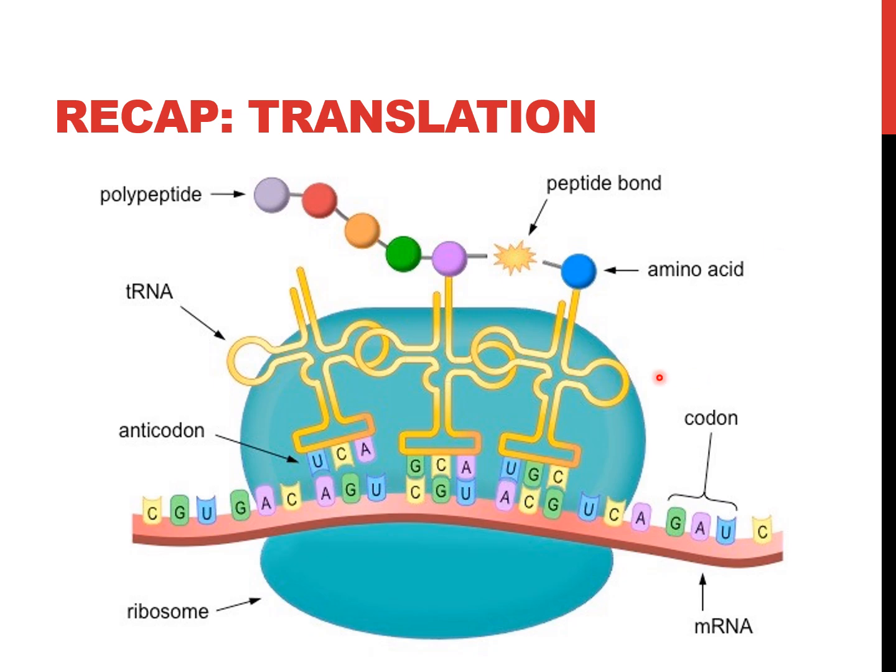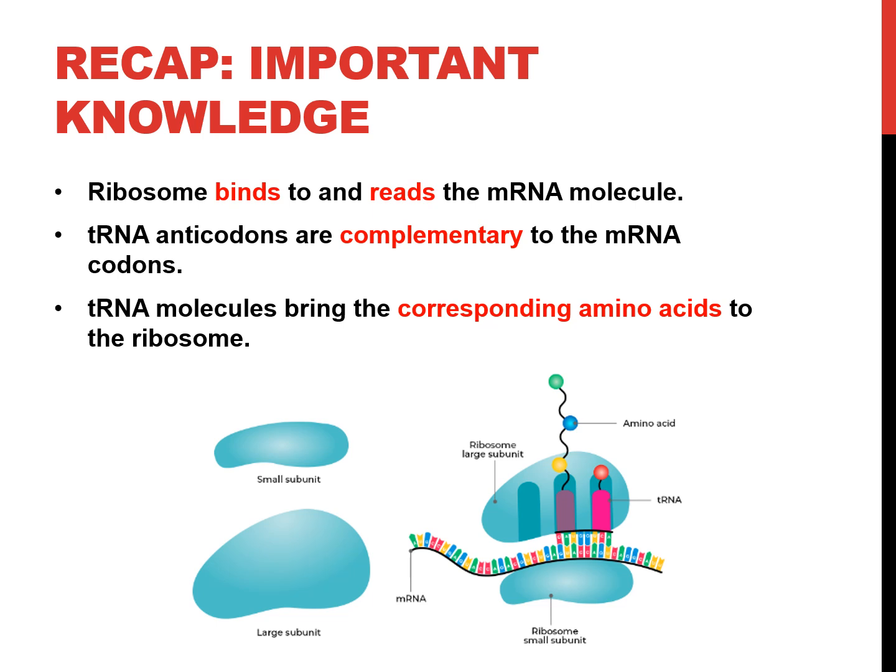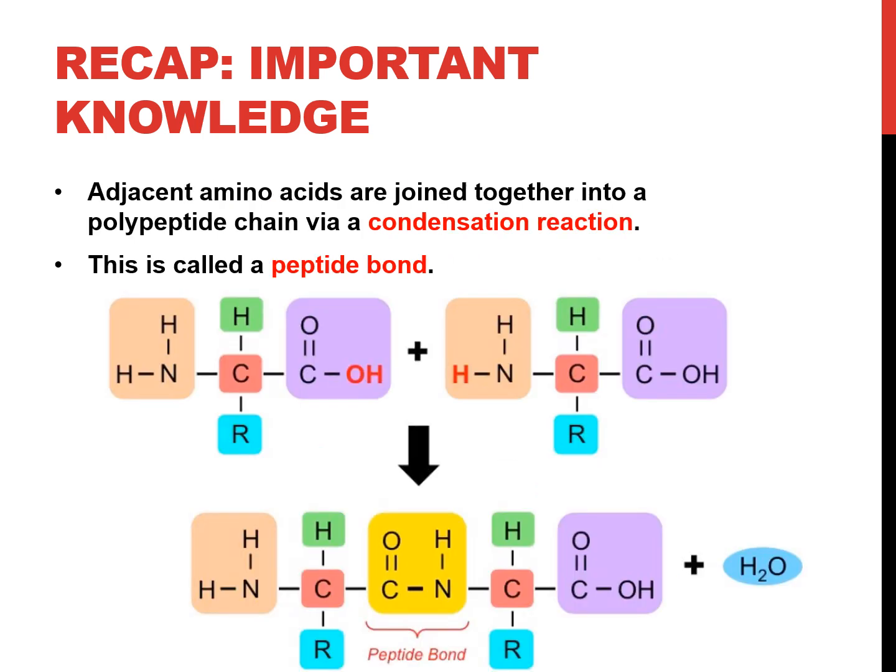So translation, as you can see, is the creation of the polypeptide up here, which is our protein, through regular amino acids being joined together through peptide bonds, okay? That all happens in the ribosome here, as you can see, through the messenger RNA. All right, that's just saying the same thing. The ribosome binds and then reads the messenger RNA, and then the anticodons of the tRNA come along, and they essentially bring each individual amino acid.